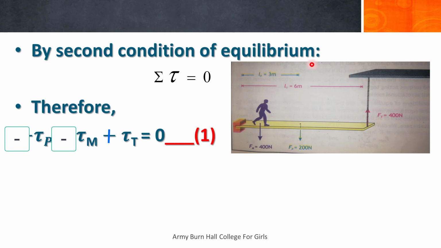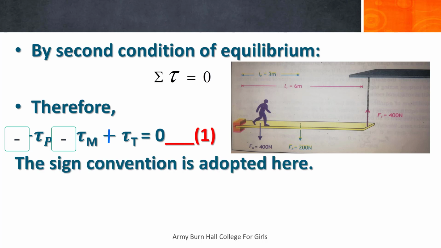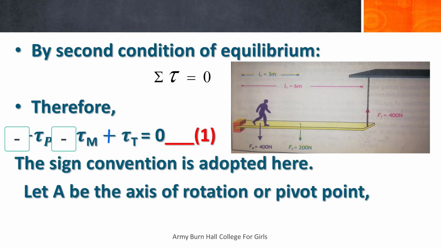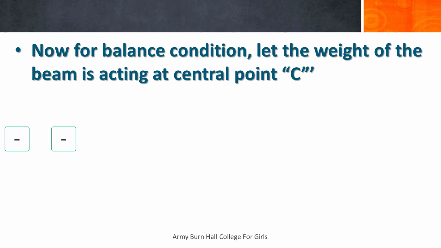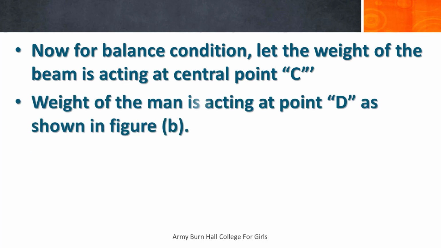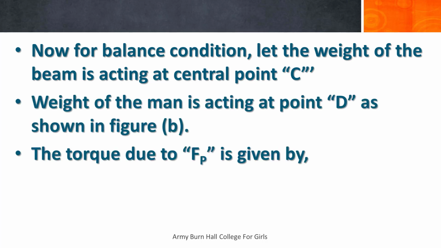So we have to adopt the sign convention. Let A be the axis of rotation. Now for the balance condition, the weight of the beam is acting at the central point C, the weight of the man is acting at point D, and there is the torque due to FB.